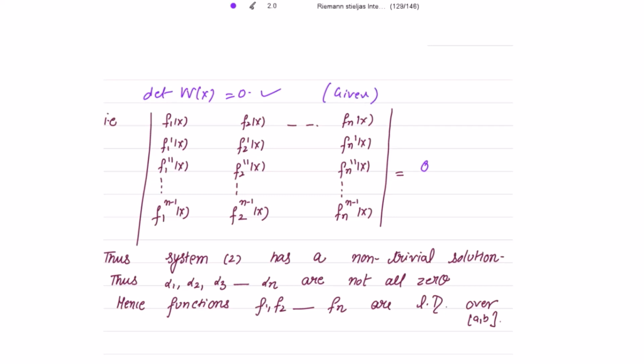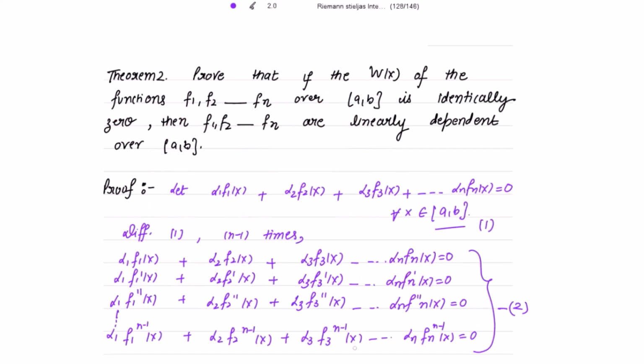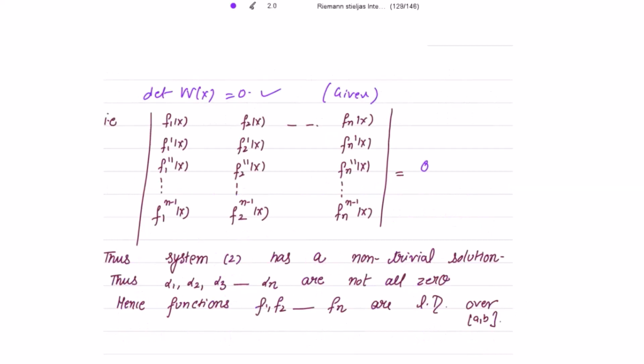On the other hand, I also know that this is nothing but the coefficient matrix of this system of homogeneous equations. This is also the coefficient matrix of this system of equations. Do you understand? It is given that the determinant of the Wronskian is 0.